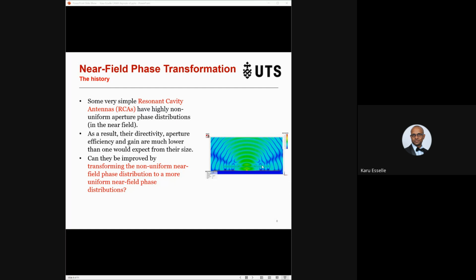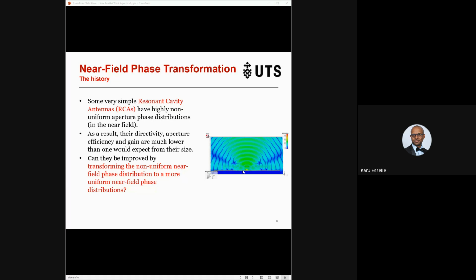Not only that, you can see the phase distribution across the aperture is extremely non-uniform. Highly non-uniform aperture phase distribution. From the middle to some places, the phase change is 180 degrees in some antennas, so they cancel each other.